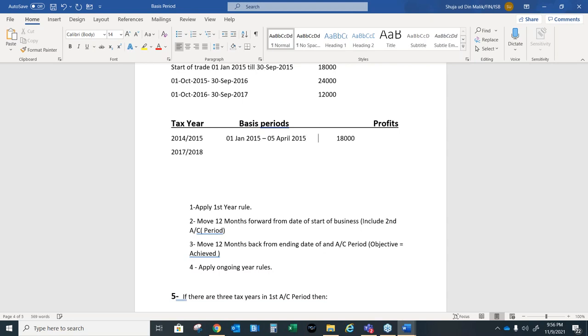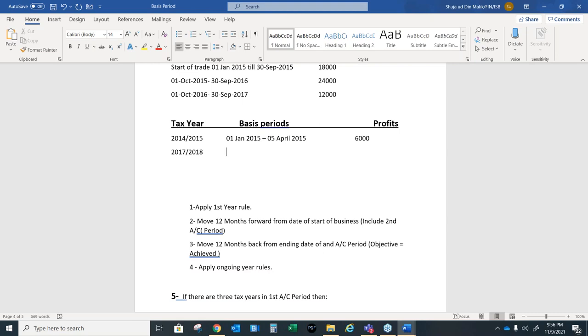Yes, it's 5th April 2015. Yes, you're right. Okay, 1st January 15 till 5th April 2015, coming year end is 5th April 2015. We are taking 3 months. Per month profit is 2,000. 3 months profit will be 6,000.